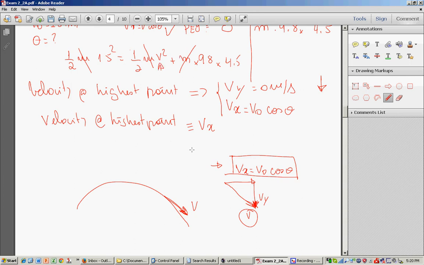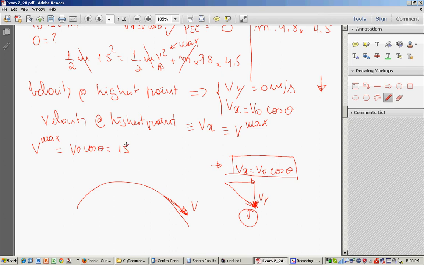So Vx at the highest point is also equal to the velocity here, right? So this is equal to my V at the maximum point. Well, now it's simple.